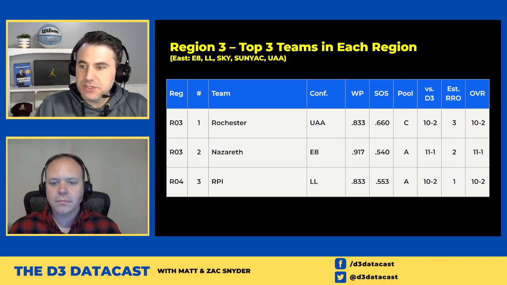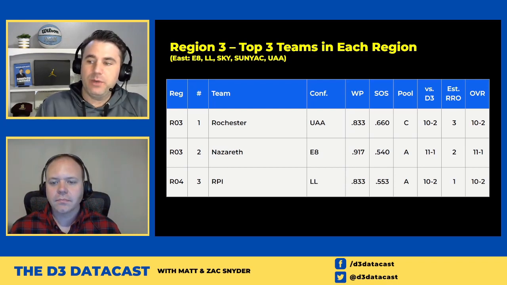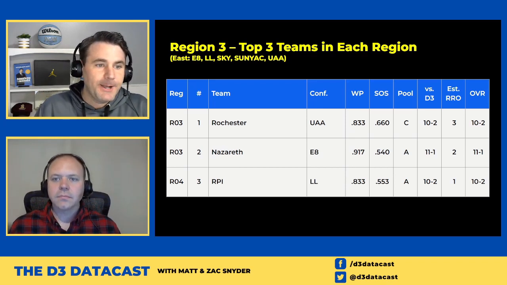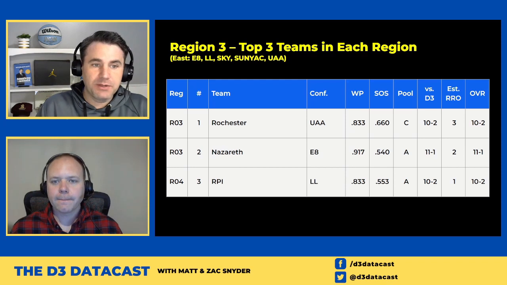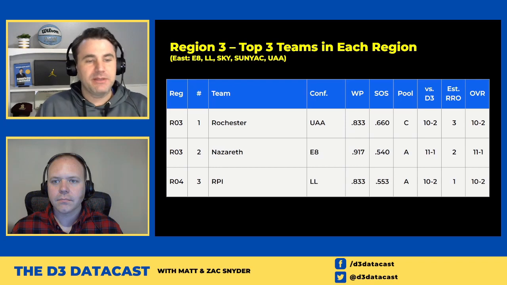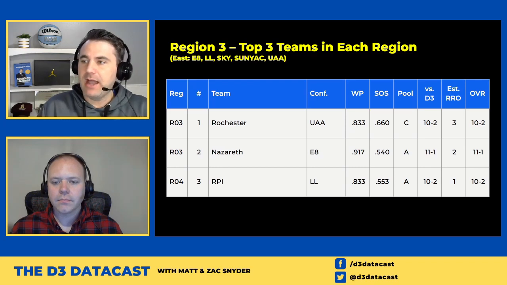Number 2 in this region is Nazareth, .917 winning percentage, .540 strength of schedule. Look really strong. They have wins over Oswego State and Portland, which I'm counting as regionally ranked wins. They've also beaten Alfred, who's probably just on the outside of regional rankings, but that could be one to watch for as well. Those are wins that are already in the bank. And I should clarify, I'm counting wins to this point, not potential future wins.